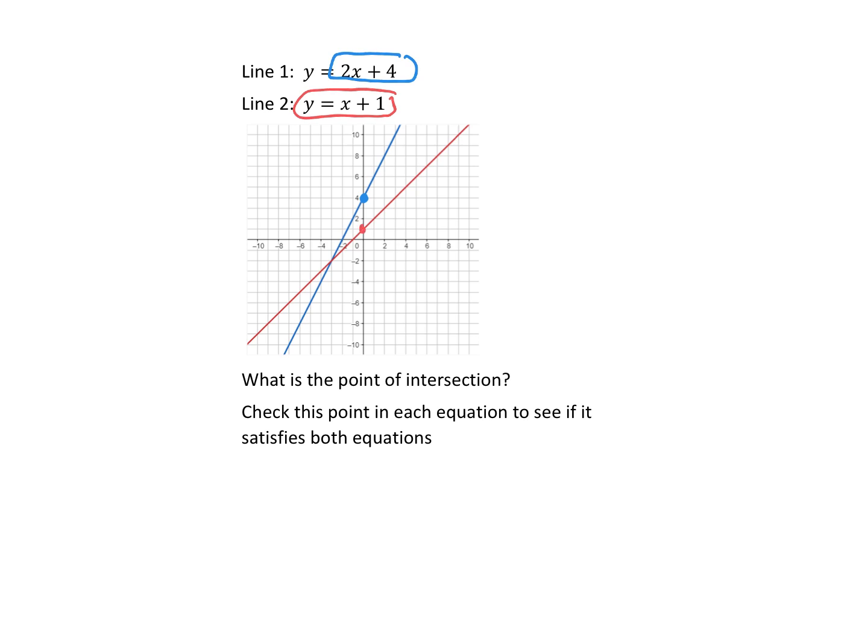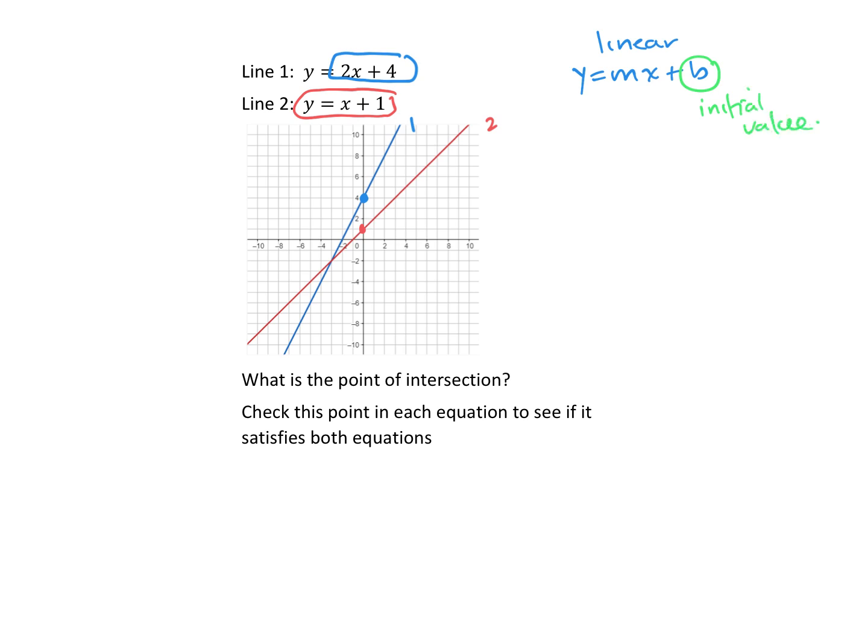So I can determine which line is which. This is line 2, and this is line 1. Remember, I'm comparing that to my equation y = mx + b, which is a linear equation, and I'm looking at the initial value to determine which line is which.